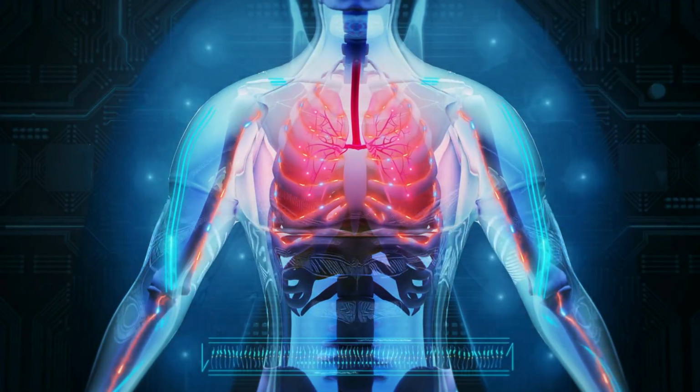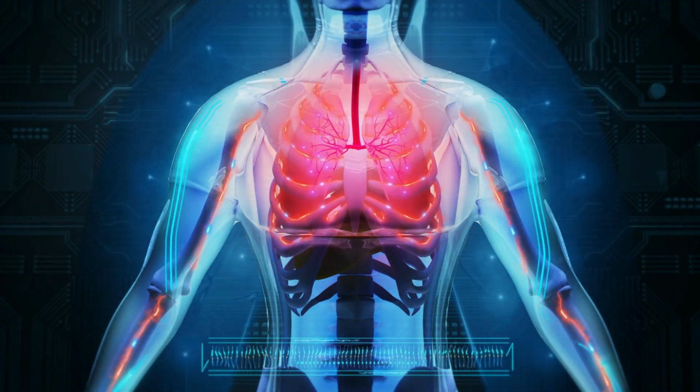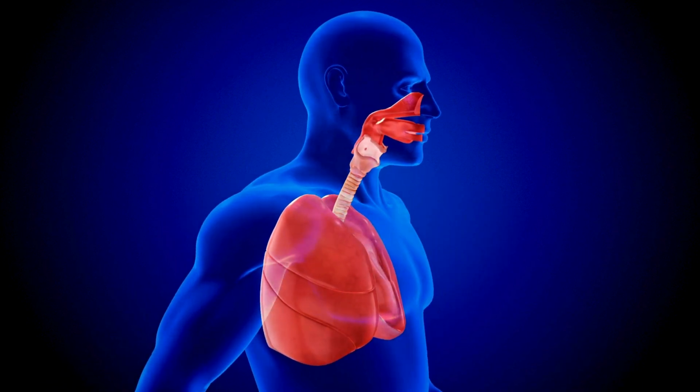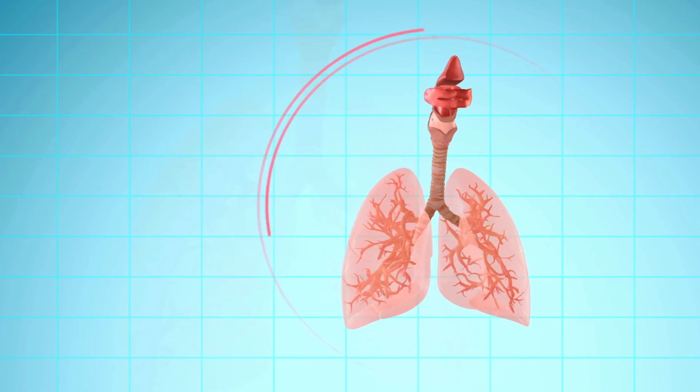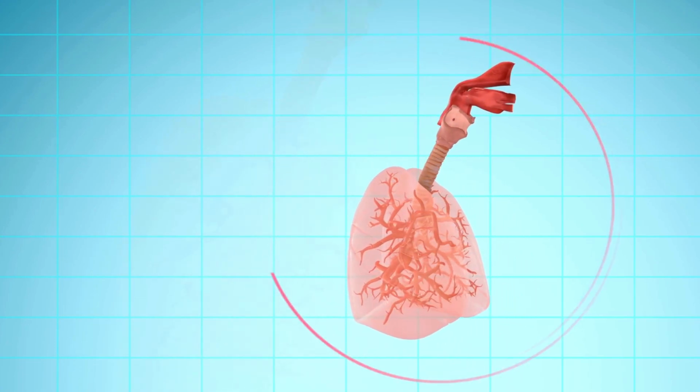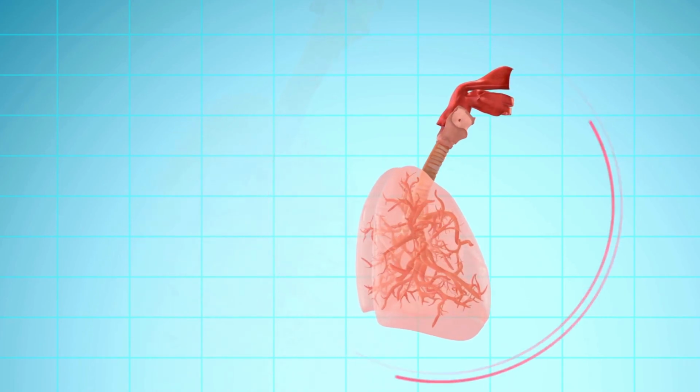Gas exchange between the alveolar air and the blood in the pulmonary capillaries is called external respiration. Gas exchange between the bloodstream and body tissues is called internal respiration.